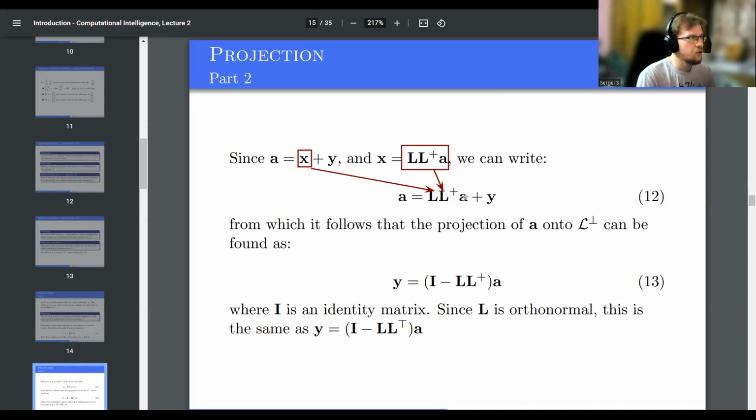From expression 12, we can find Y, because we just put everything onto the left-hand side. We isolate Y, and we get the expression for Y, and it looks like this. Notice we already saw this expression as well. What we see here is the same expression we saw when we were analyzing the residuals.